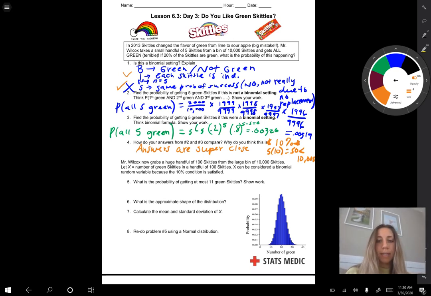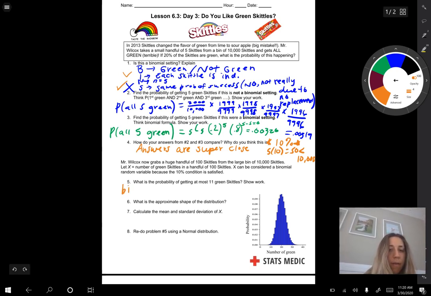If we were trying to find this at most 11 green Skittles, we would probably want to use binom CDF. And there are calculator function videos on that.